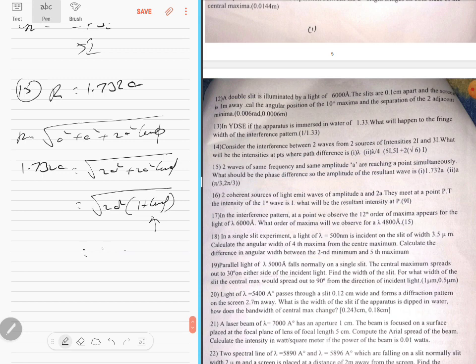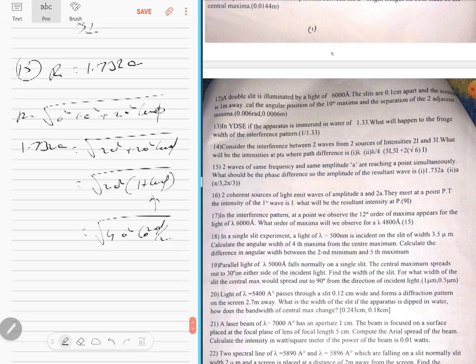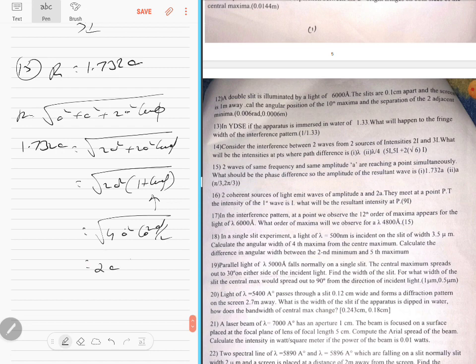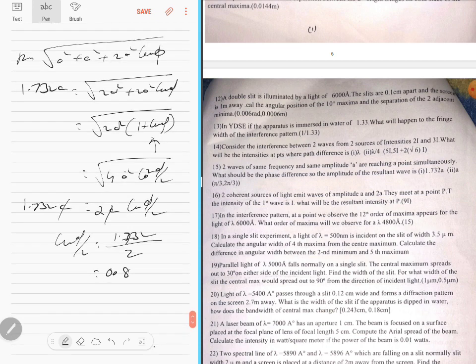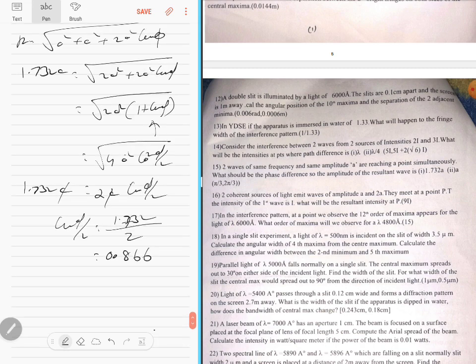So it will make it 4a square cos square phi by 2, which becomes 2a cos phi by 2 equal to 1.732a. A and a get cancelled. So cos phi by 2 is 1.732 by 2, which is 0.866. That is the angle I'm getting.